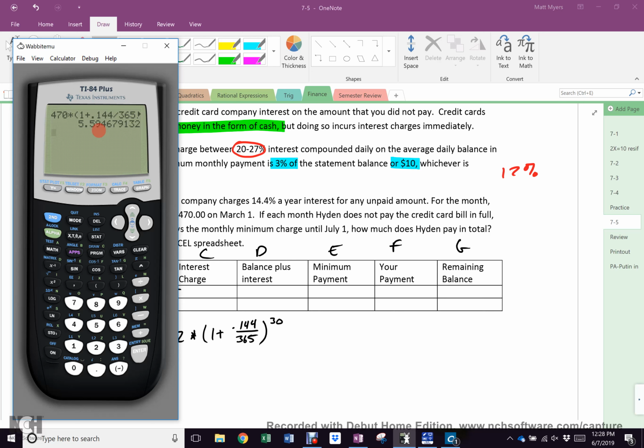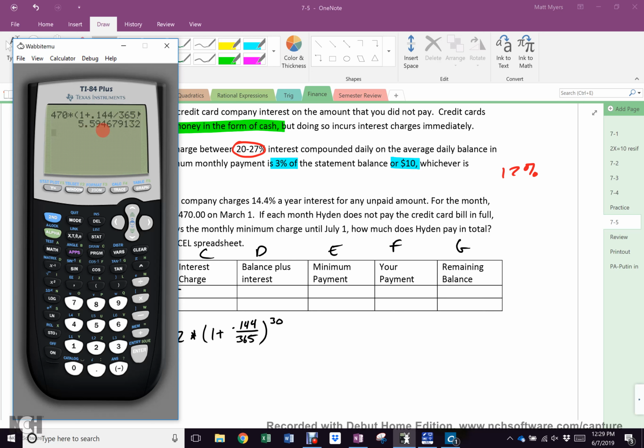That makes sense? He's borrowed $470. 14% of $470 would be around $47, right? So for the whole year, if he buys nothing more, about $47, yeah? And then we would divide by 12. 47 divided by 12 is about 4, right?